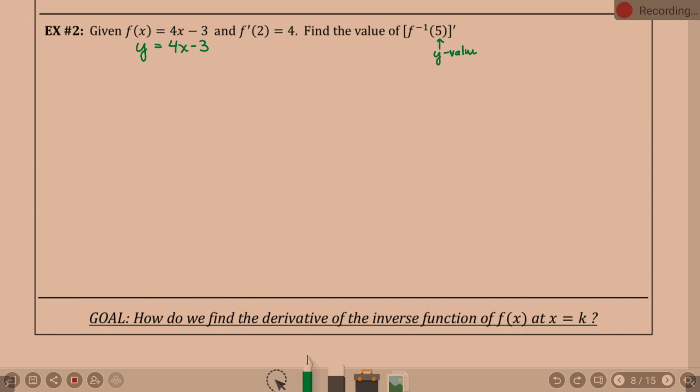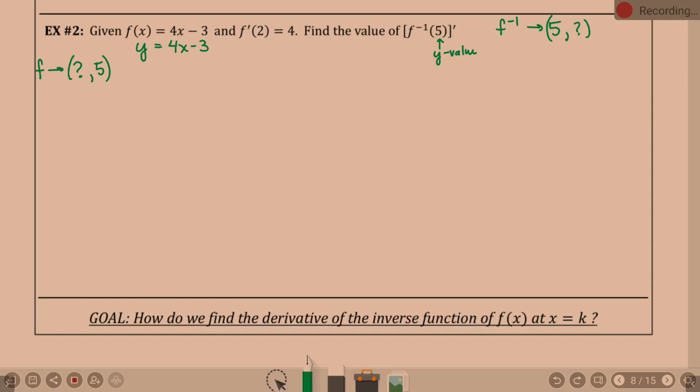It's going to be something comma 5, right? For f inverse, it's going to be 5 comma something. Then that means over here on f, it's going to be something comma 5.